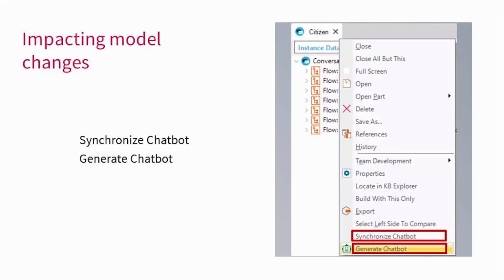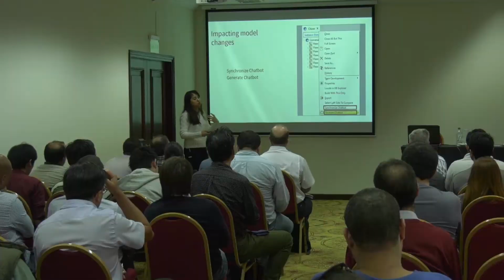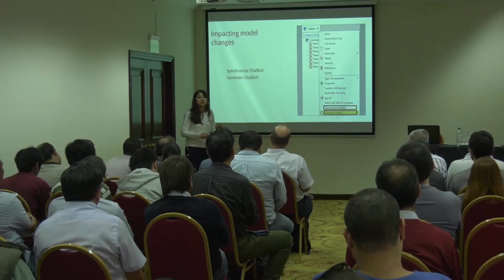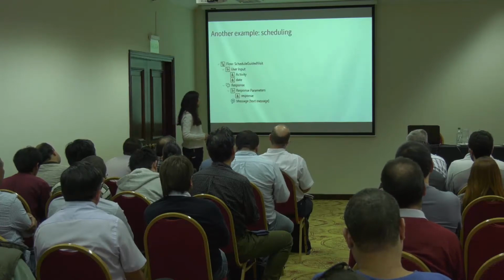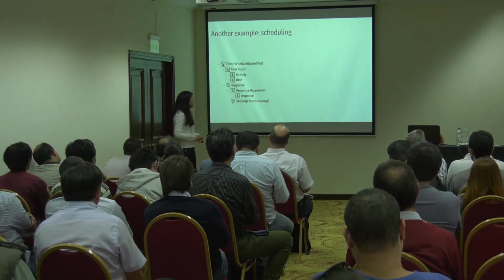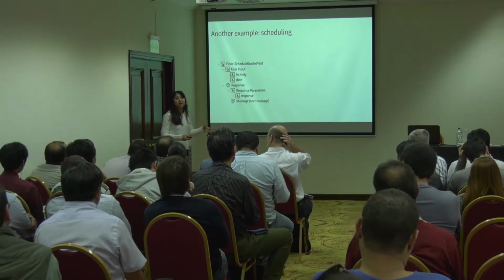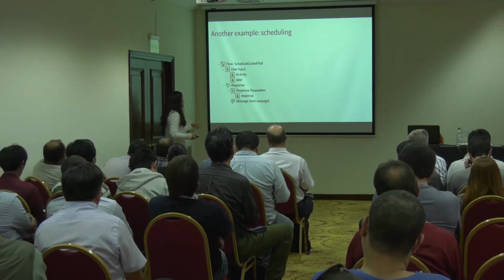We have the option generate chatbot, which also happens in the build if necessary, and it generates all the objects in my KB. All the objects I talked about are generated in the KB.